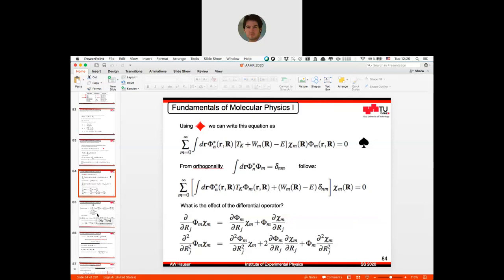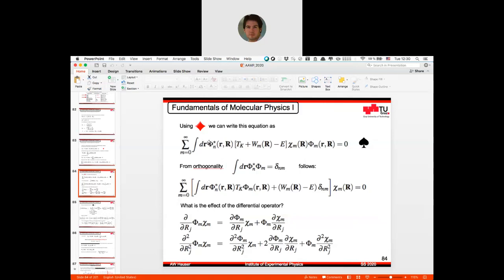So we have this equation here now, and we do the following. We have multiplied from the left with this electronic eigenfunction phi n star, as you can see here. And now we take advantage of the orthogonality of the electronic states.